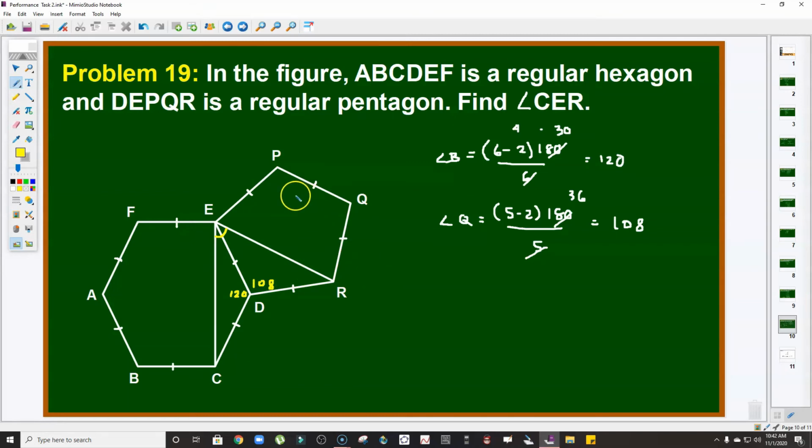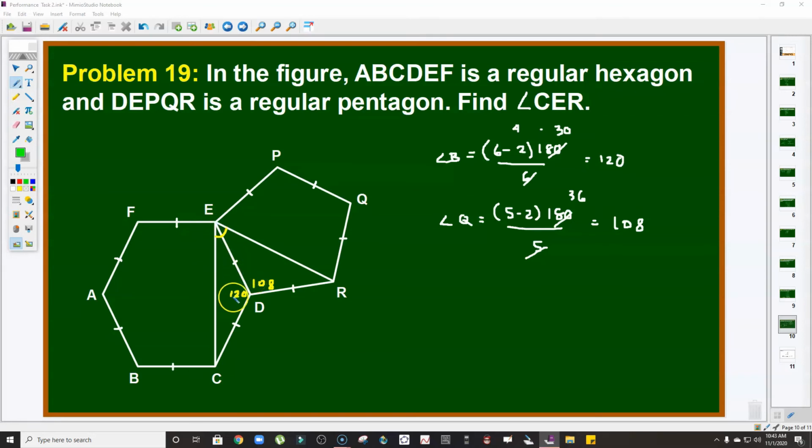Okay, now, how are you going to get the measure of angle CER? Take note, yung focus natin, attention natin kay triangle CED. Yung triangle CED natin, guys, is isosceles, right? Why?